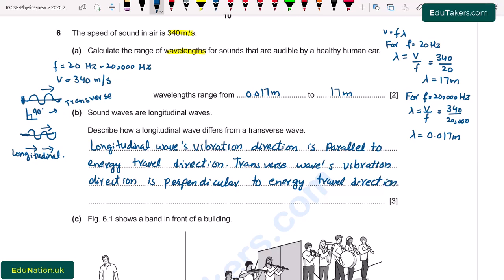This is the main difference between the longitudinal wave and transverse wave. So there is also a difference between them.